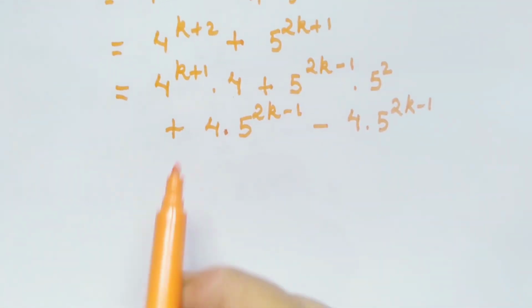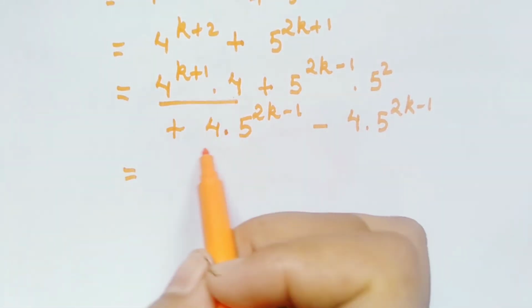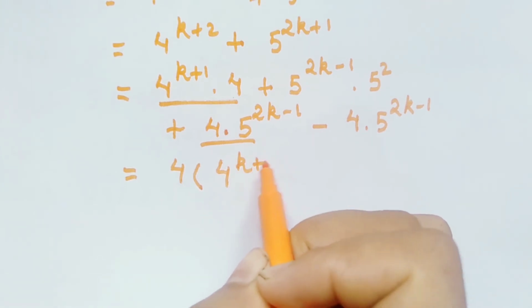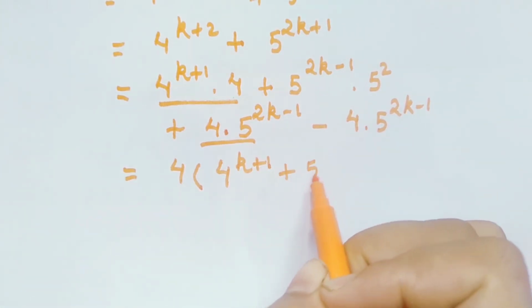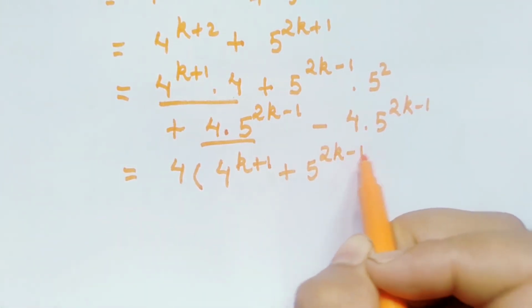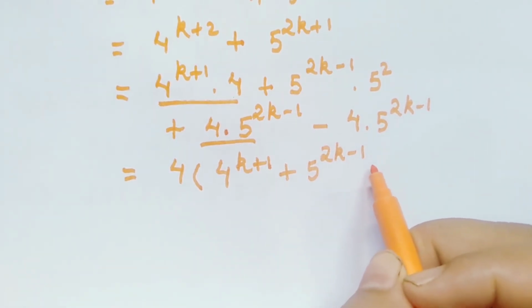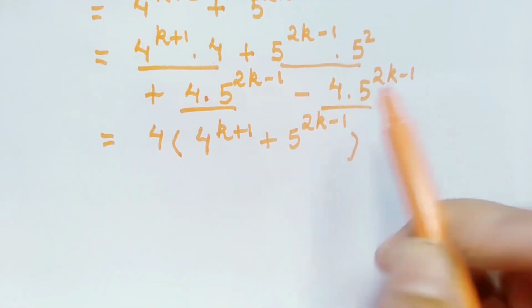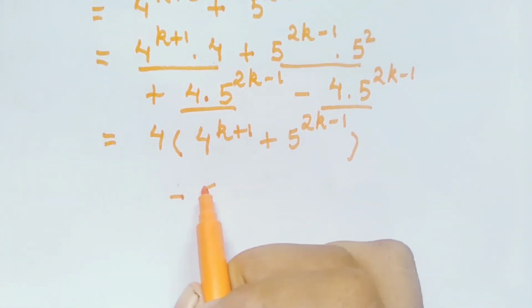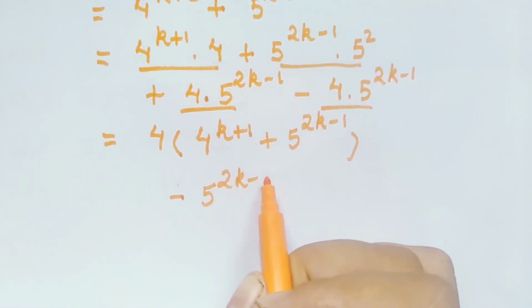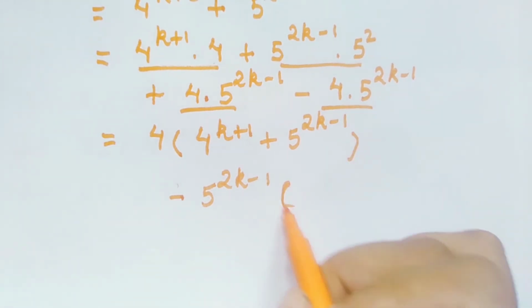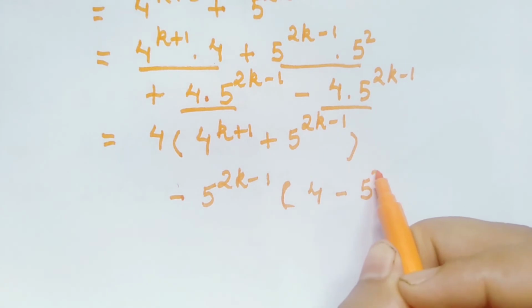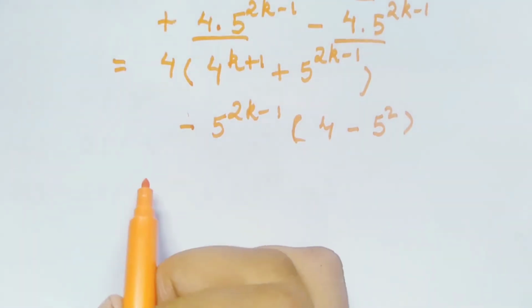Alright, so now see, from here we have common 4 to the power k plus 1 plus 5 to the power 2k minus 1. And then from here we have minus 5 to the power 2k minus 1 into 4 and then into minus 5 squared.